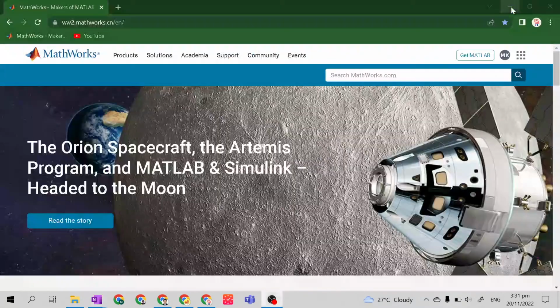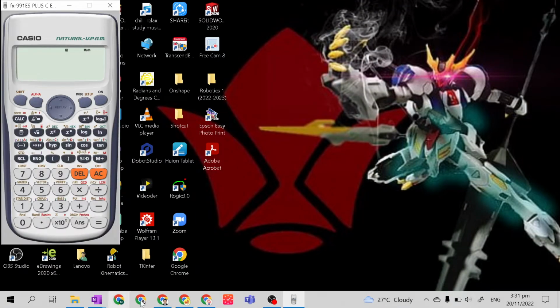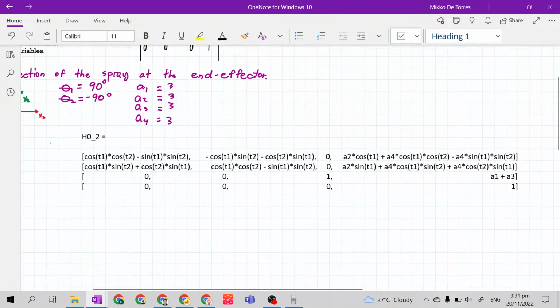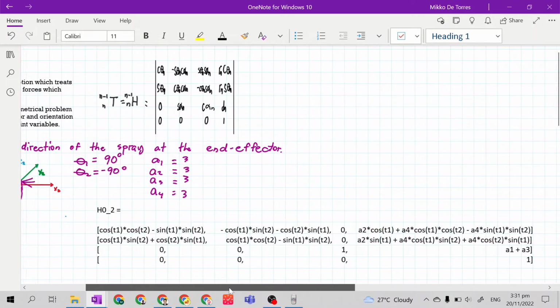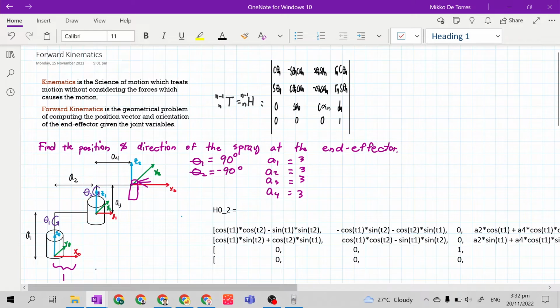Let me use my calculator. Because we already have the homogeneous transformation matrix, we can use the calculator to get the position and the direction of the spray at the end effector.